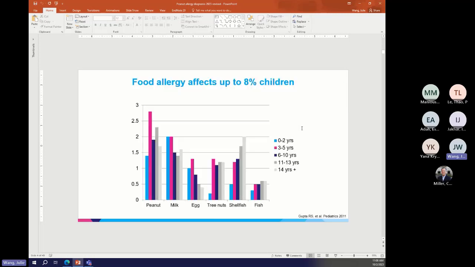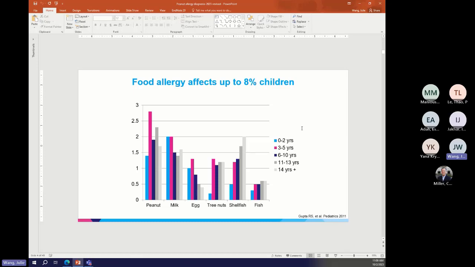So just to get us all on the same page, food allergy affects about 8% of children, and it appears to be increasing in prevalence. It can trigger mild to severe allergic reactions, and so there's quite a bit of medical effects that come along with food allergy. The most common food allergens are peanut, milk, egg, tree nuts, shellfish, and fish.